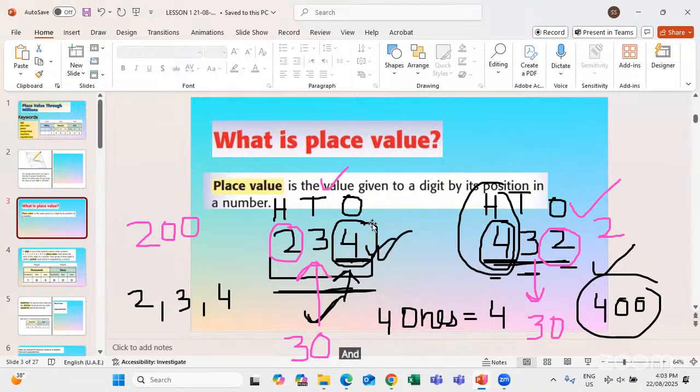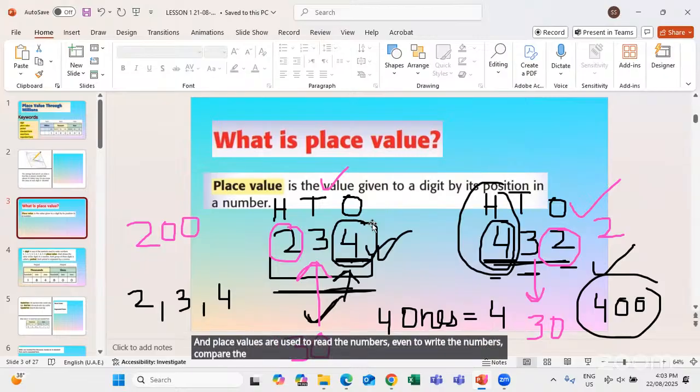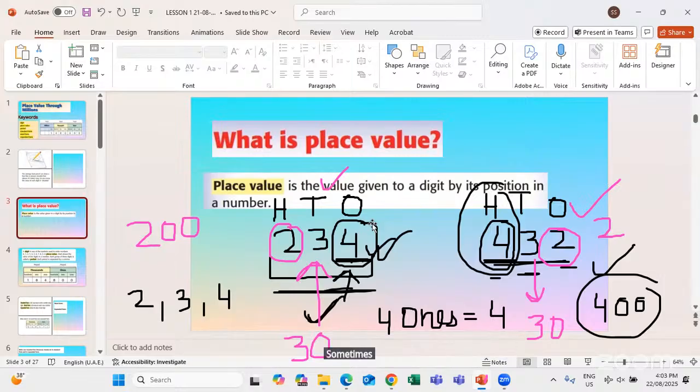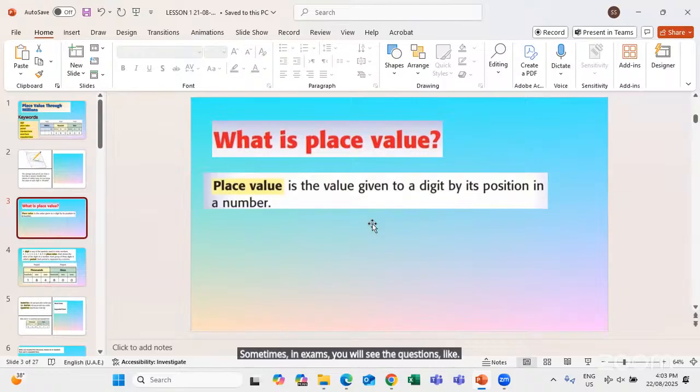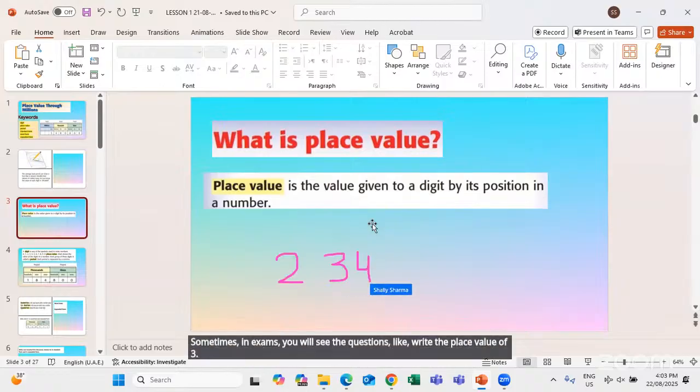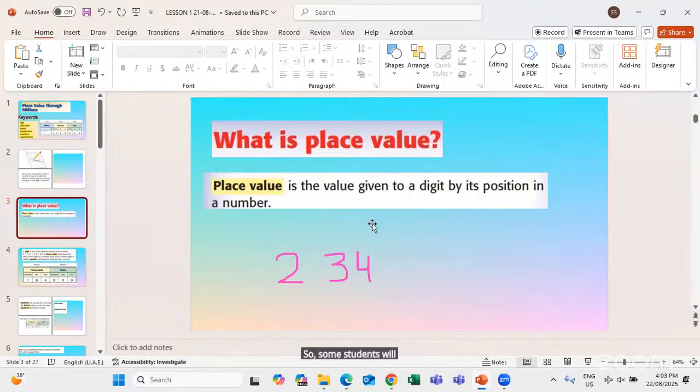Place values are used to read numbers, write numbers, compare numbers, and even in rounding. So that is why understanding place value is very important. Sometimes in exams you will see questions like, write the place value of 3. Some students will just write 3 only, or say 3 is at tens place.